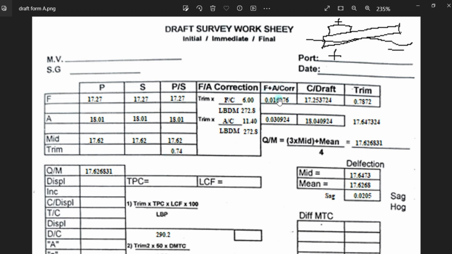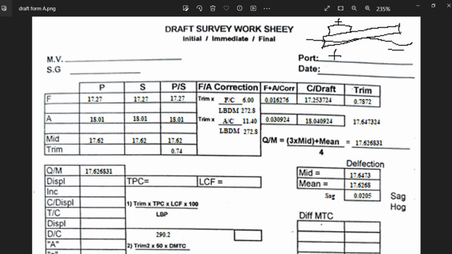To get the exact correction forward, this is the formula: your trim, which is 0.74, times your forward correction, which is 6 meters, over the length between draft marks, which is 272.8.